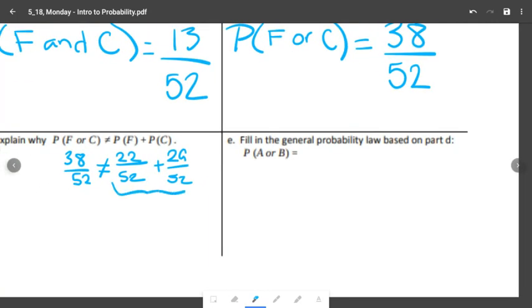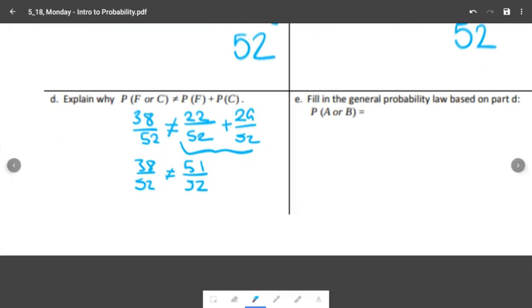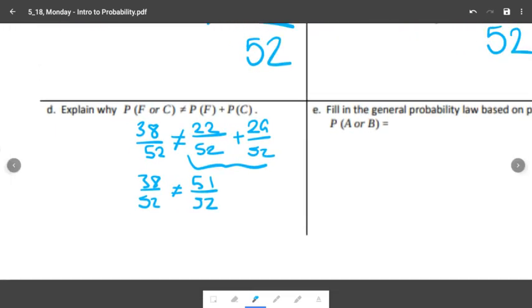So now if you did add those together, you would not, in fact, get 38 over 52. You would get 51 over 52, which is not right. So explain why. Well, same reason for what we were doing before on the end of the last page.